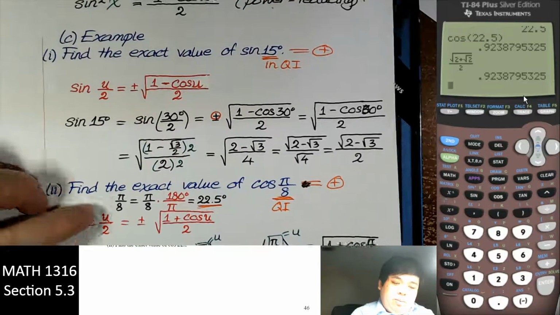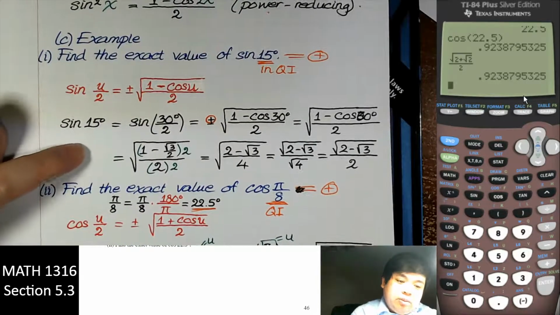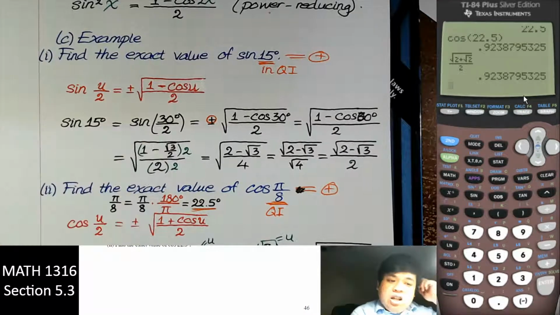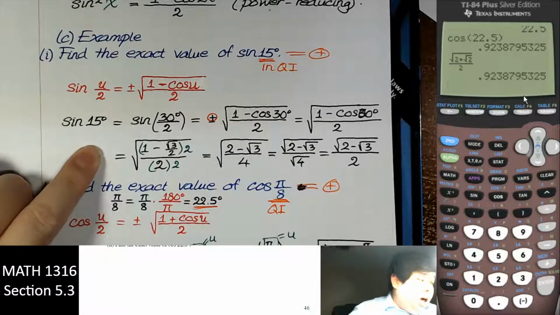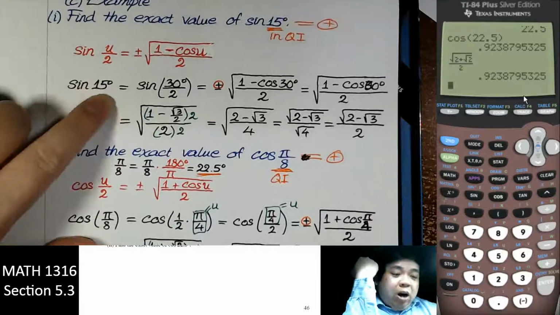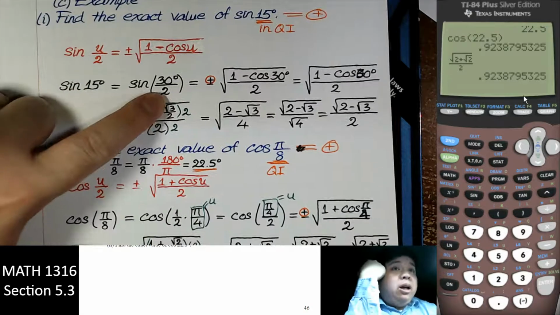I'm sorry, so I got a question here. Yes, of course, 15 is half of 30. So the key here is we're trying to write that as half of something.